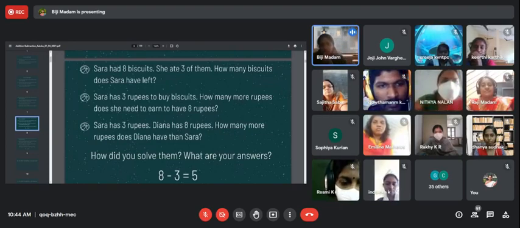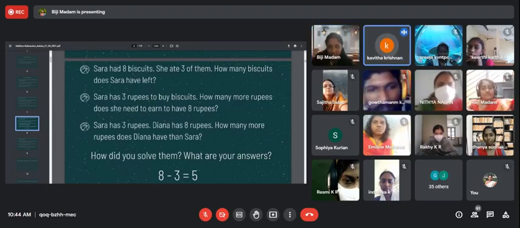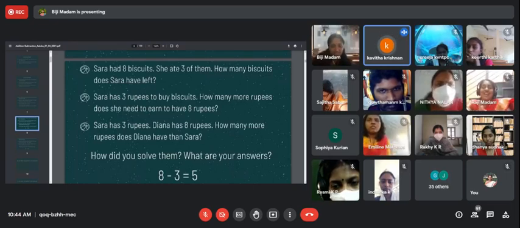Now, Kavita ma'am, can you tell me how the child will solve the second question? Sarah has 3 rupees. Maybe we give them coins, ma'am. One side will have 3 coins and the other side 8 coins.